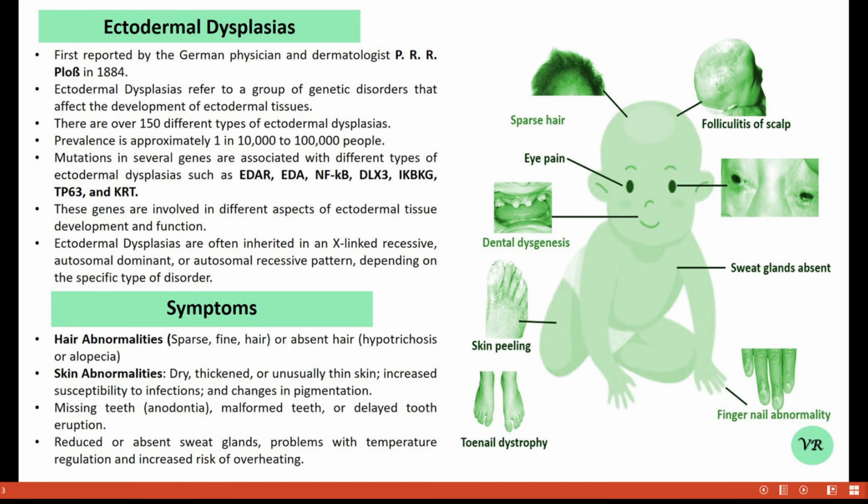Sweat test is a specialized test using a yellow starch iodine powder that can show the presence or absence of sweat. In skin biopsy, a small skin sample, often from the hypothenar eminence, can reveal the absence or reduced number of sweat glands, hair follicles, and sebaceous glands.